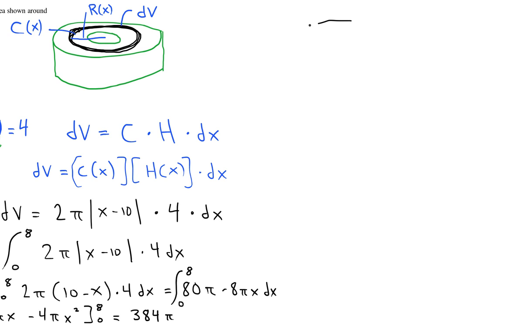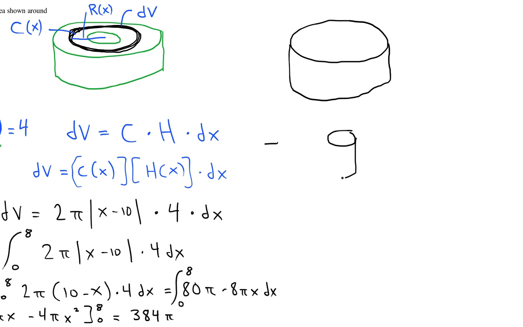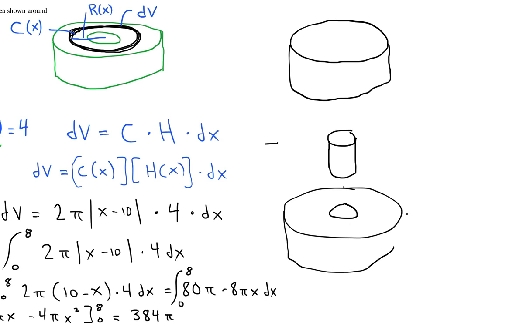The reason why a subtraction would work is if we could calculate the volume of a big cylinder and then subtract out the middle, then that would leave us with the volume we need. So how would this work?